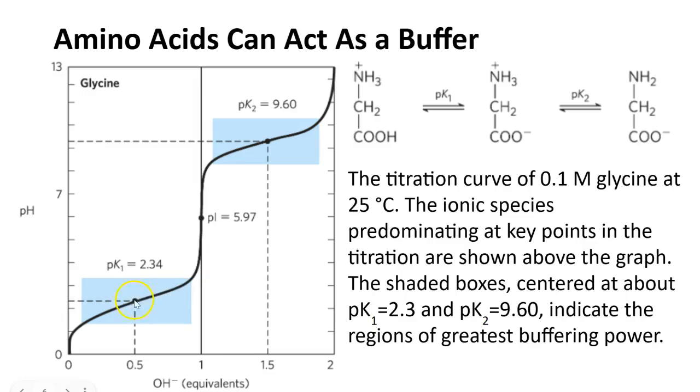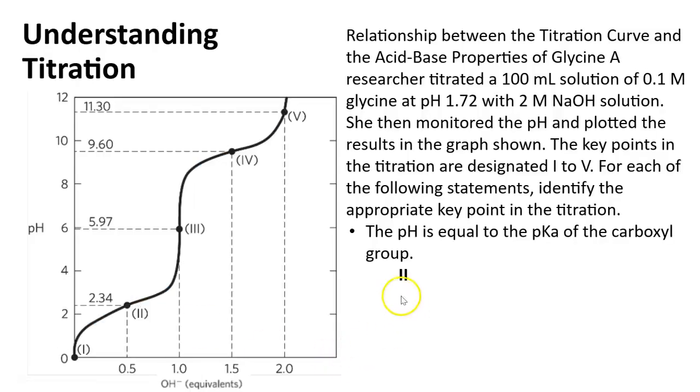And so we know now that this is point 1. And so that is right here for this particular graph. So that's when we know that the pH value is equal to the pKa value of the carboxylic group of the amino acids.